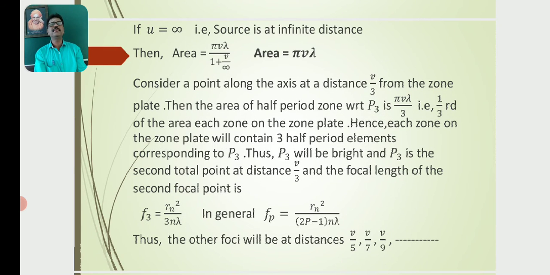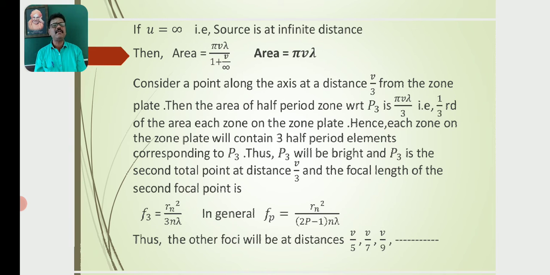If u is equal to infinity, that is, the source is at infinite distance, then the area is equal to pi v lambda by 1 plus v by infinity, which is equal to pi v lambda. Then consider a point along the axis at a distance p by 3 from the zone plate.